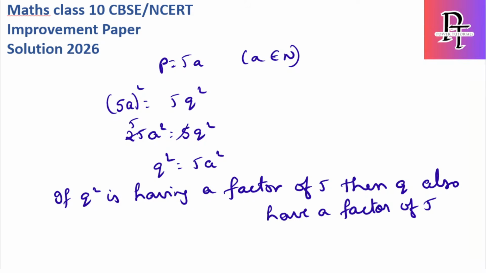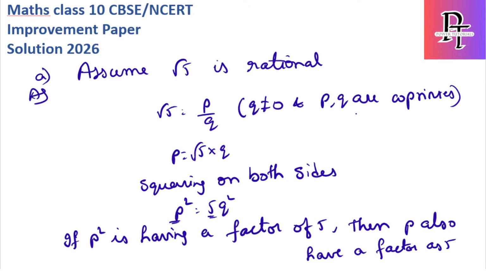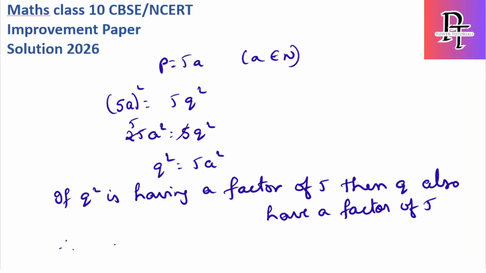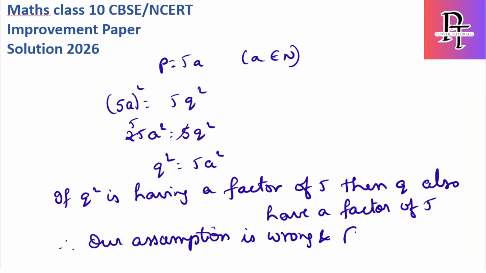Why? Because we assumed that p and q are coprimes, which do not have any common factor. Therefore our assumption is wrong, and root 5 is irrational.